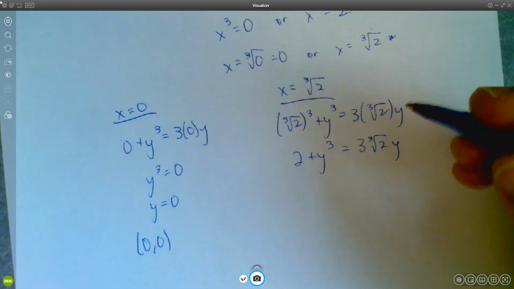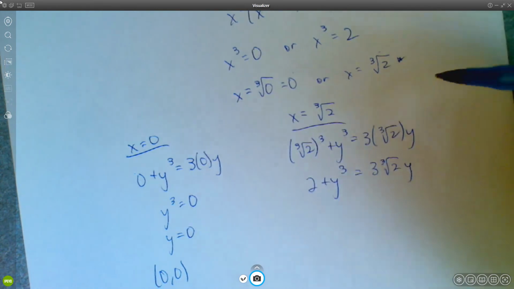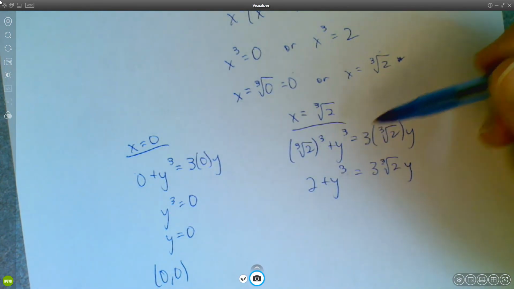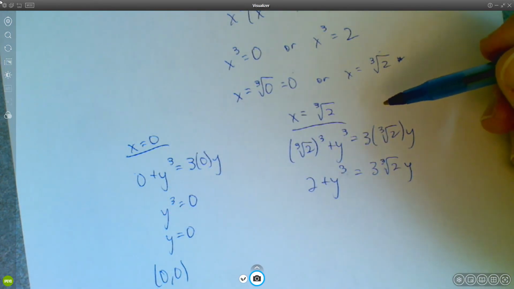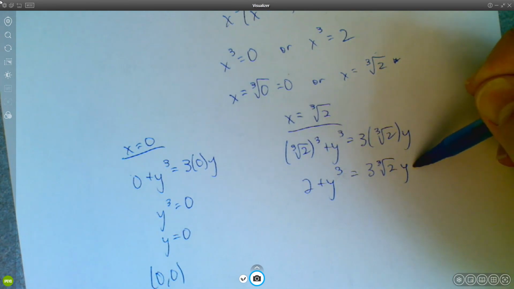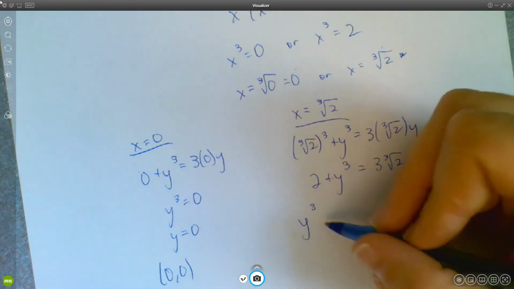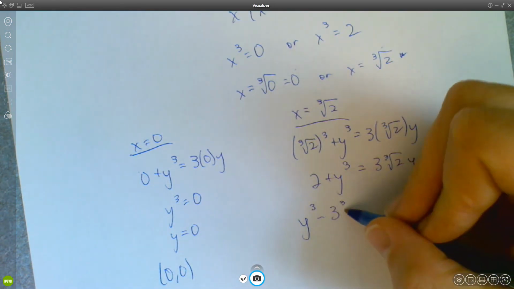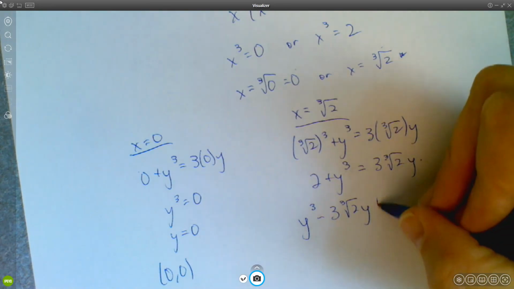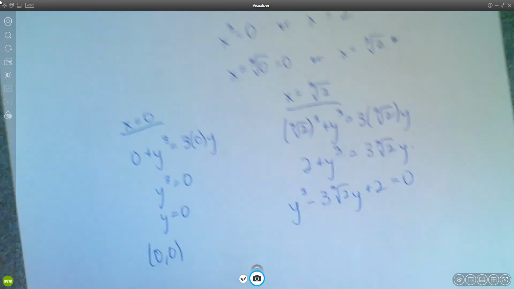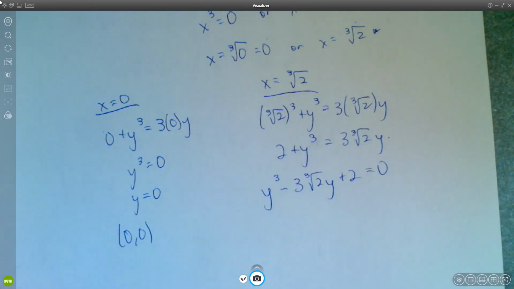Oh, that's so horrible that we have to solve this. We have to solve this for y now. Well, we've got y cubed minus 3 times the cube root of 2 times y plus 2 equals 0. Goodness gracious. How do we do that?